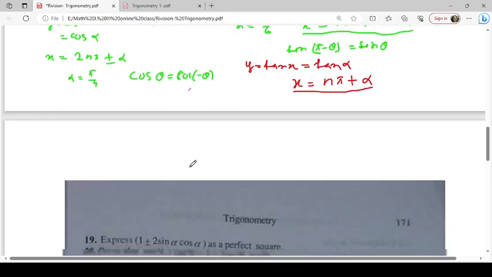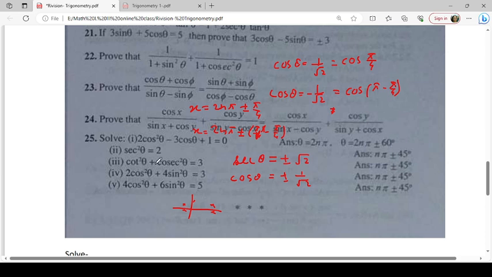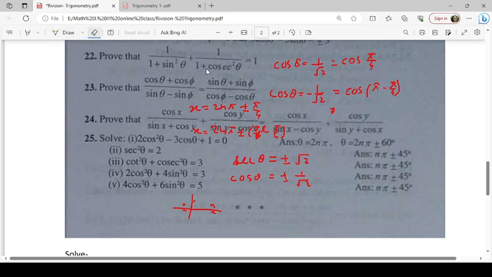Then cos square theta plus cosec square theta, we can try this one.